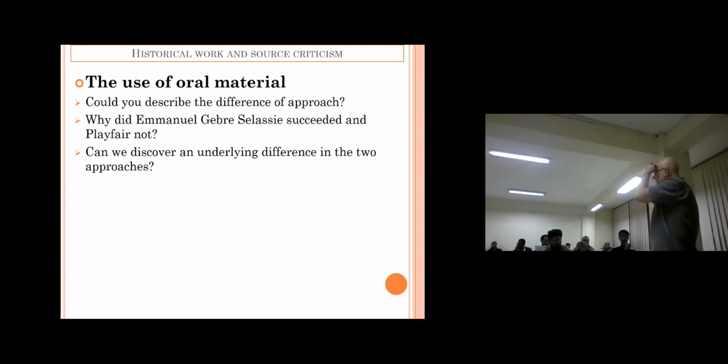So Emmanuel Gebrselassie was more interested in relations than in truth. For him, the relation was the important thing. Whereas for Playfair, it was a question of guilt, wrongdoing, forgiveness, and punishment. But for Emmanuel Gebrselassie, it was much more about relationship.